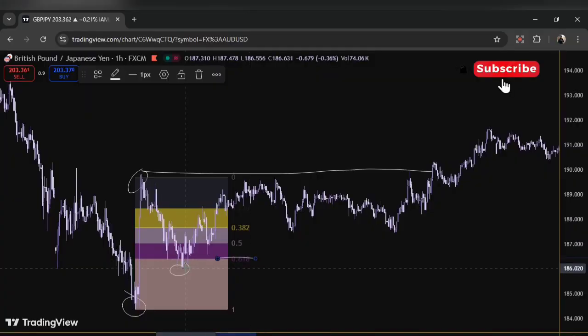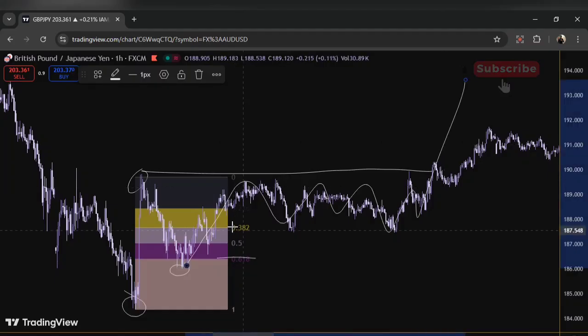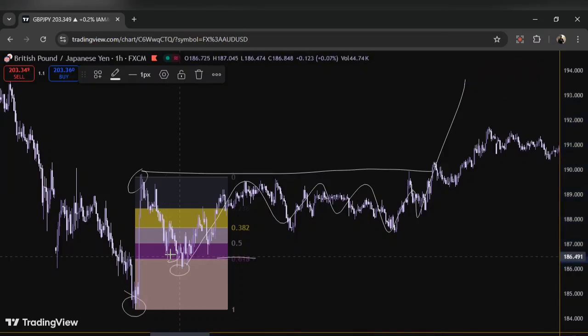And as you can see, price traded up and played around and broke structure. So if we were trading at the 618 level, because price made it a key level, you can see a rejection here, you can see multiple rejections here. So using that as confluence would have helped us take a trade, right?